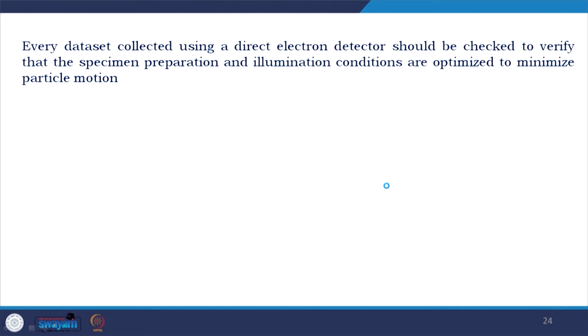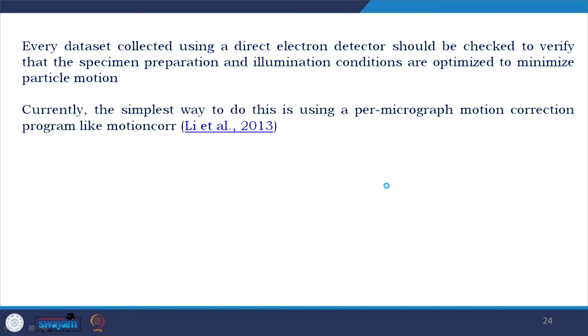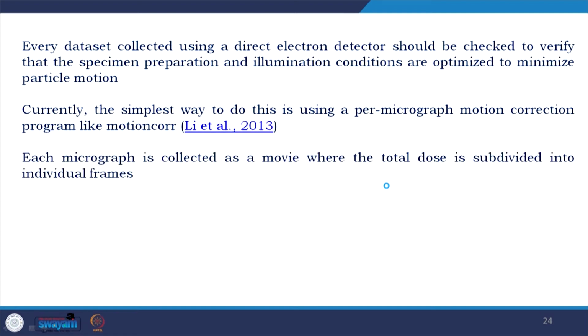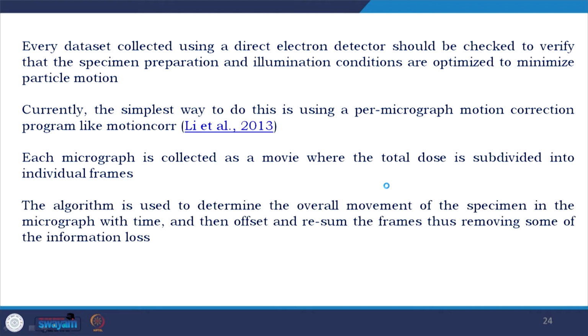Now, every data set collected using a direct electron detector should be checked to verify that the specimen preparation and illumination conditions are optimized to minimize the particle motion. Currently, the simplest way to do this is using a per-micrograph motion correction program like MotionCor. Each micrograph is collected as a movie where the total dose is subdivided into individual frames.